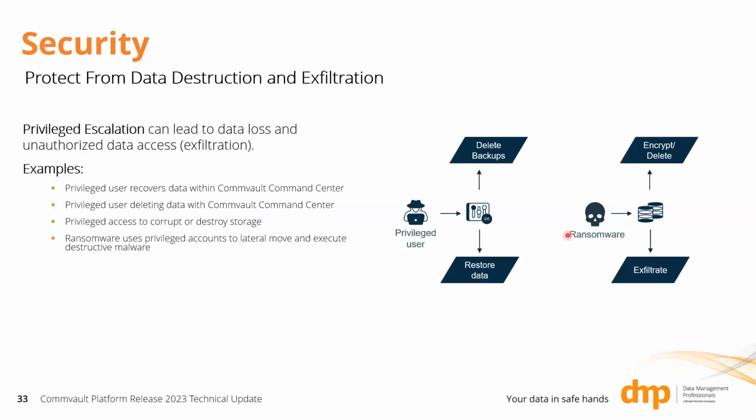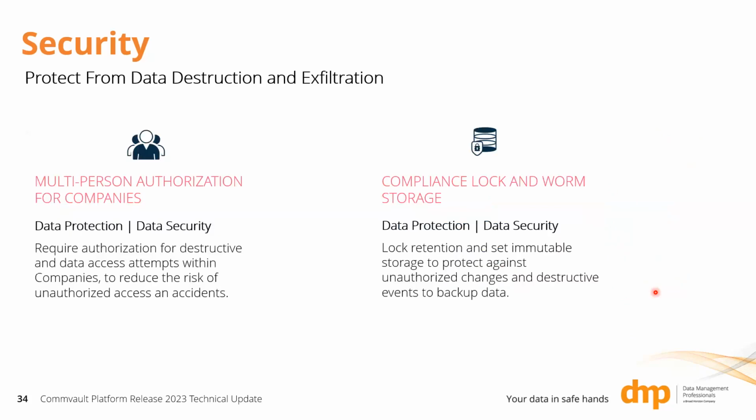But also ransomware can start encrypting or deleting files or exfiltrating your environment immediately. So with the multi-person authorization, and not only for companies, it is already there. For companies it is new in this future release, and the compliance log and warm storage can help you here.